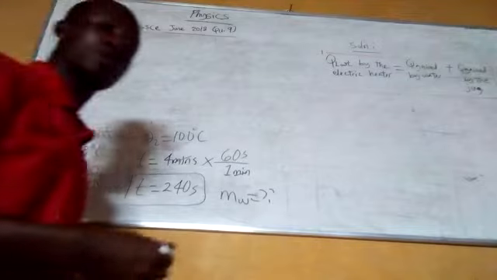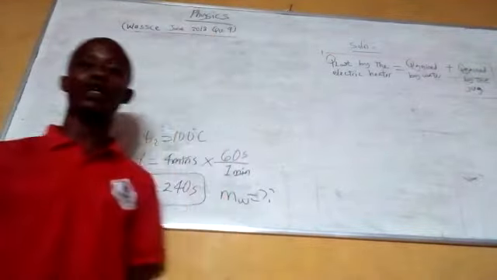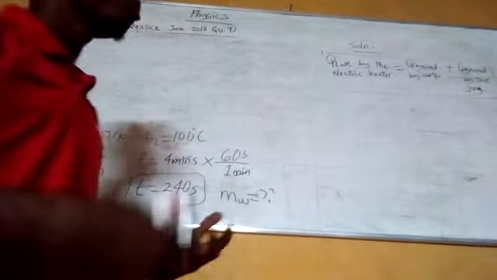Now we can see that the quantity of heat lost by the heater is electrical heat, so we use Joule's law.